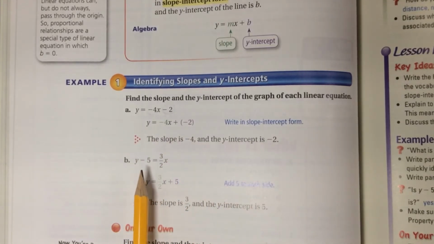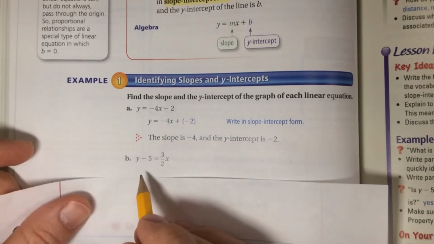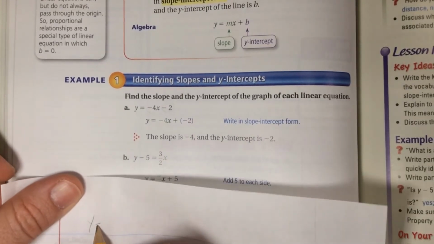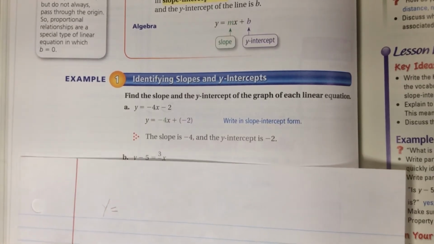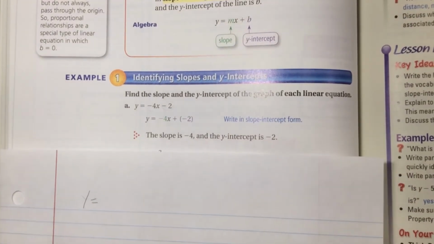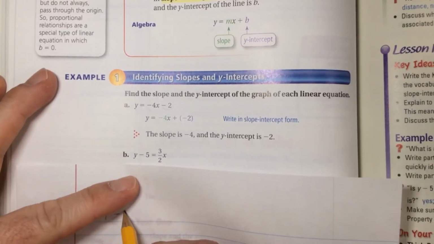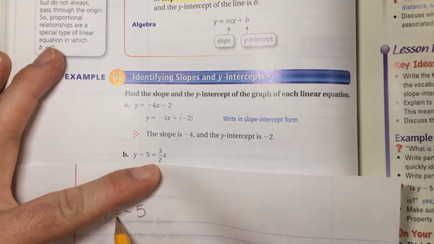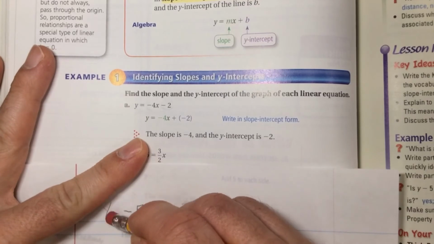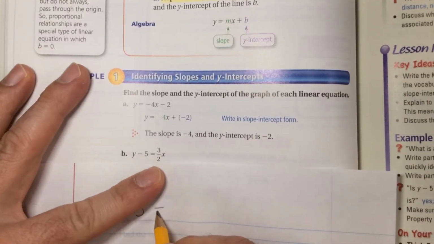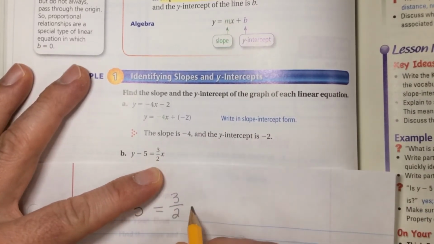Now this equation's a little different because this equation is not already solved for y. So what we have to do is look at this. We want to get it to be y equals 3/2 x.